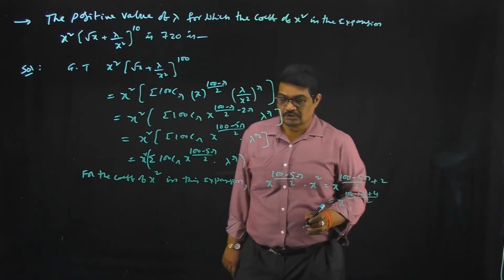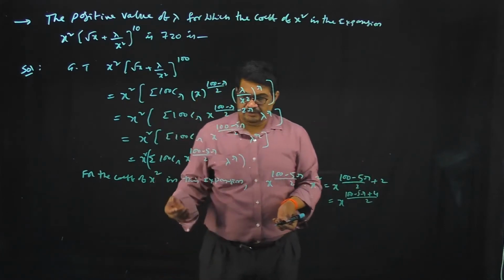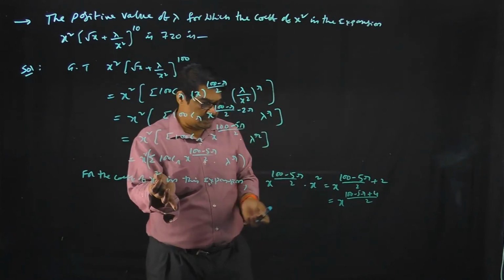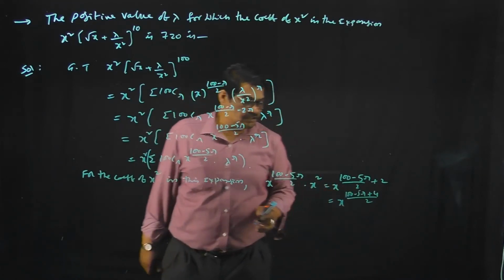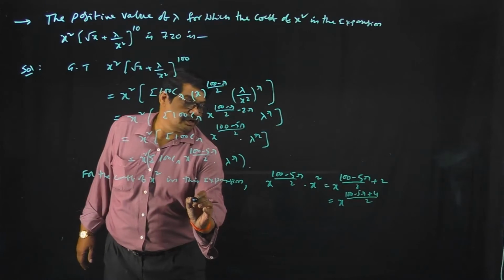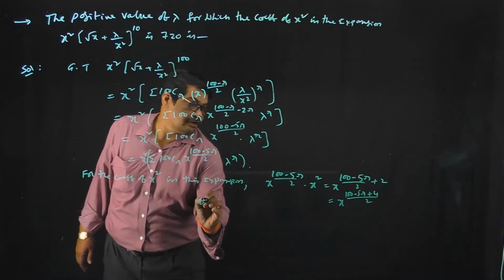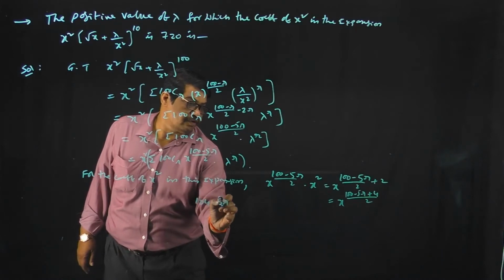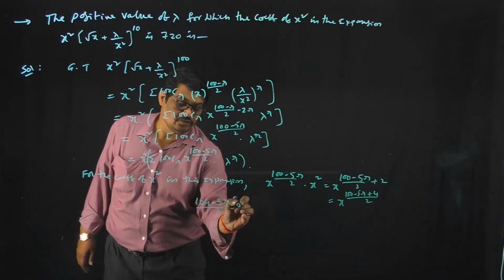So now we are equating for the coefficient of x square. Here x to the power of this one is now, equating the powers, 104 minus 5r by 2 is equal to 2.